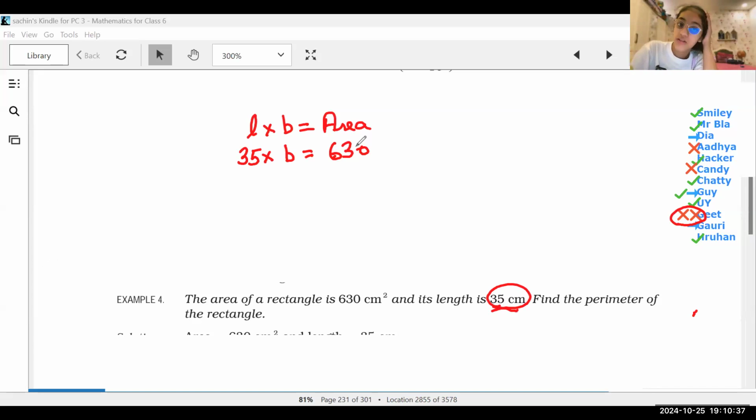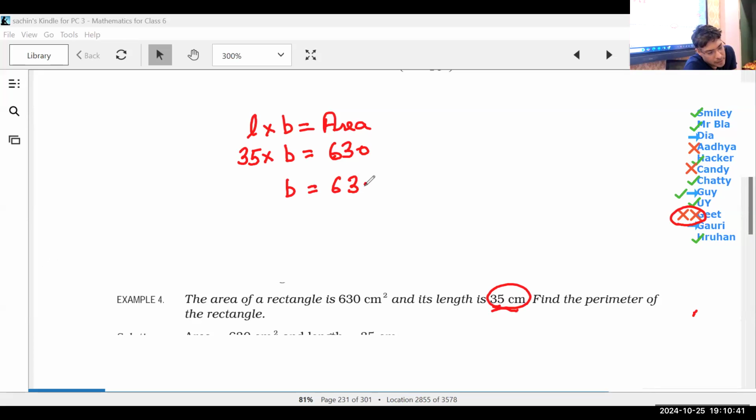We'll divide area 630 by 35. I can divide by 7: 7 fives are 35, 7 nines are 63, and 0 will come. Then it will be 18. If I know there will be no remainder, I can simplify instead of dividing as well. But if you are comfortable dividing, go ahead with dividing. My answer will be 18 centimeters.